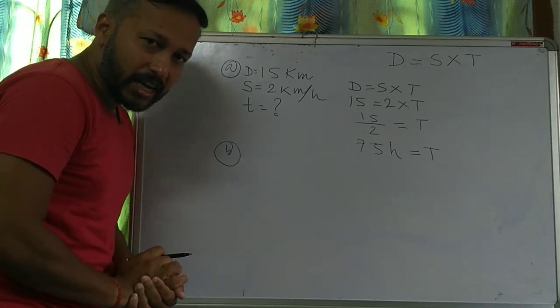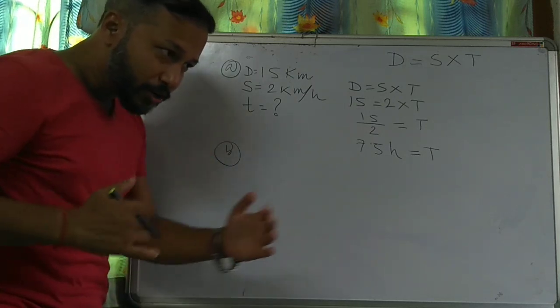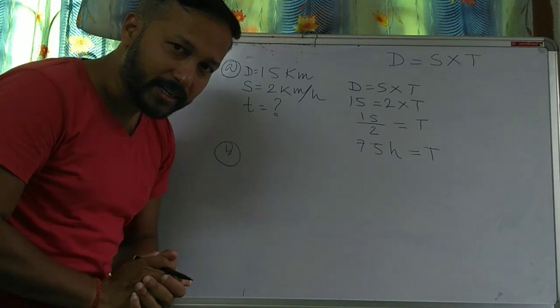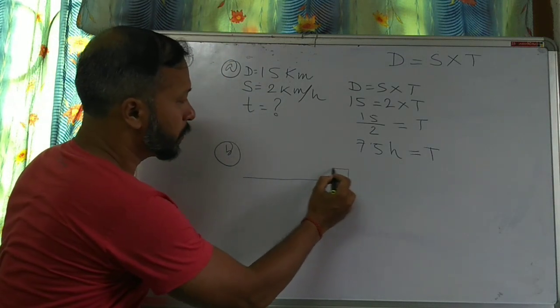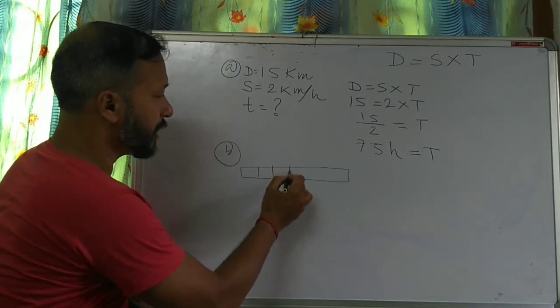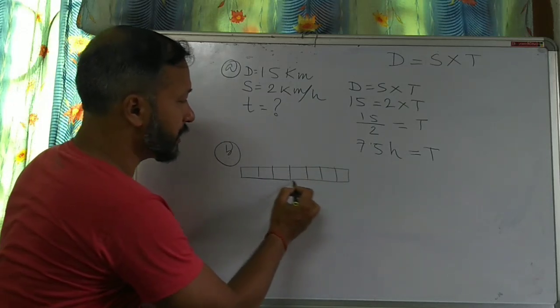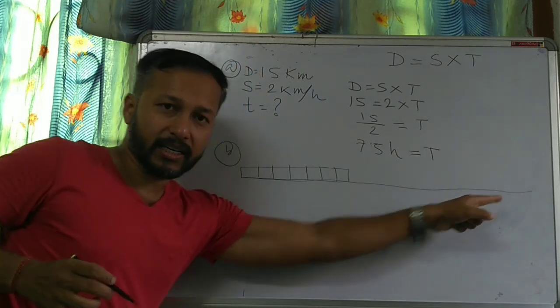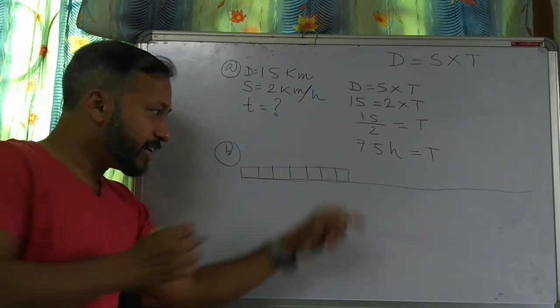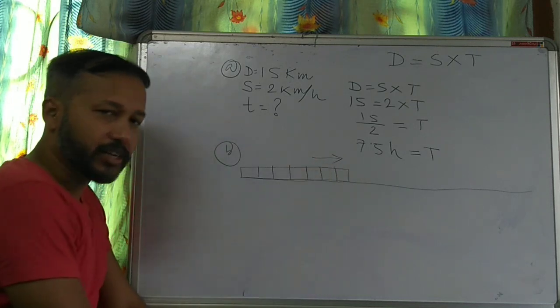Second technique, number B. Say, if I ask you an example, say a train is moving. This is the train which is going by its track. This is the railway track by which the train is going in this direction.